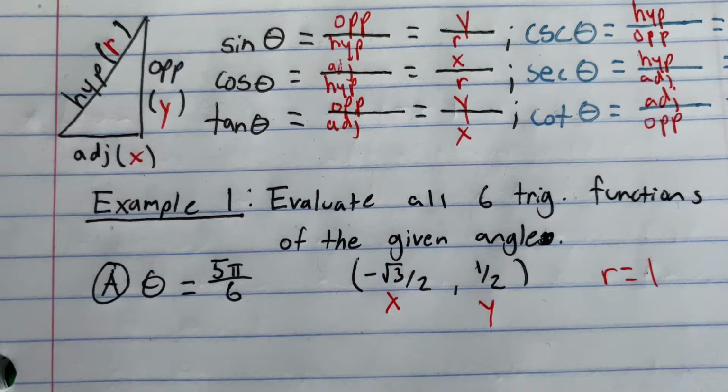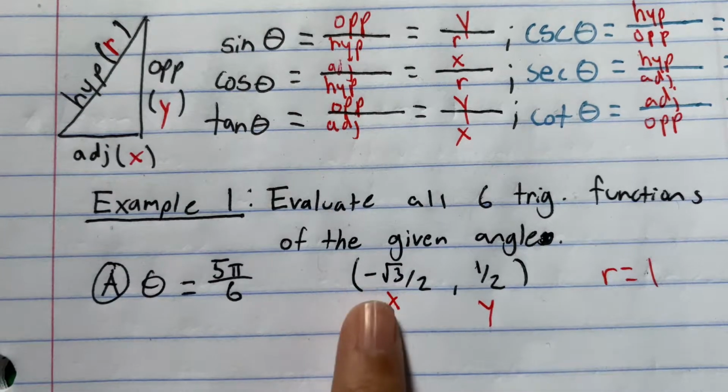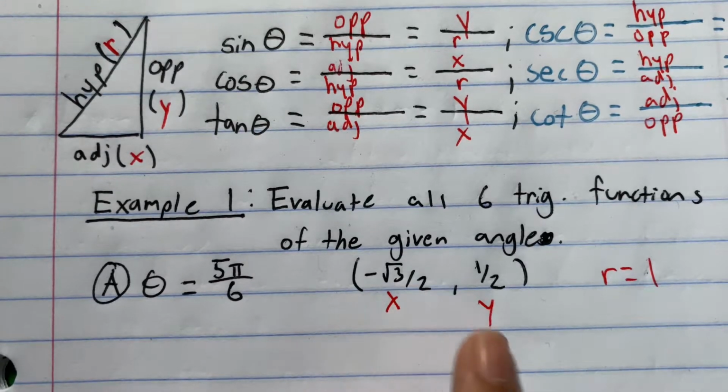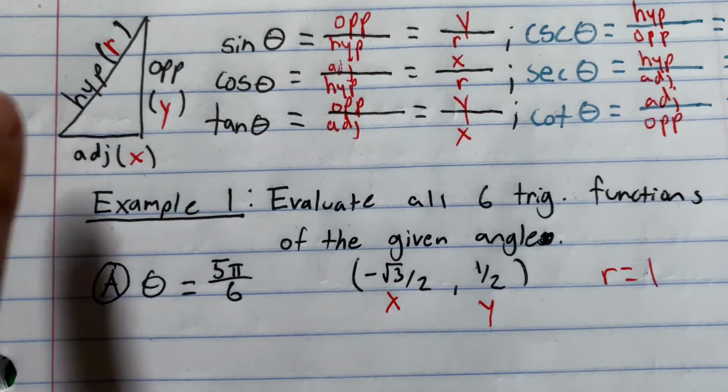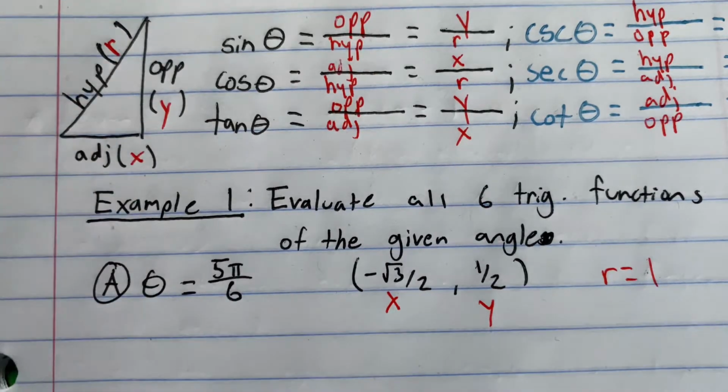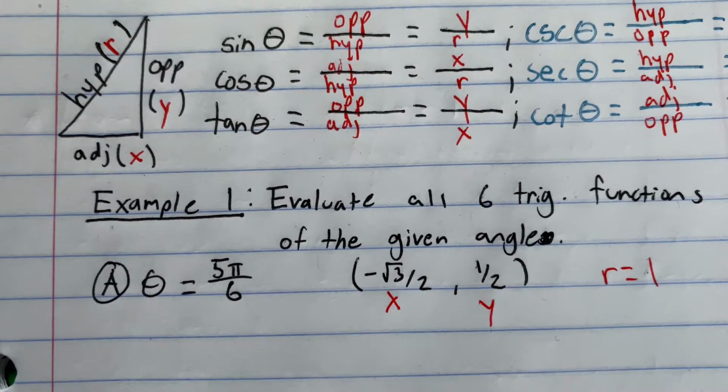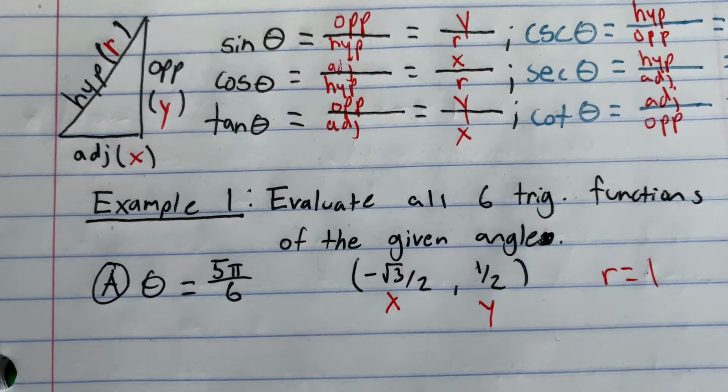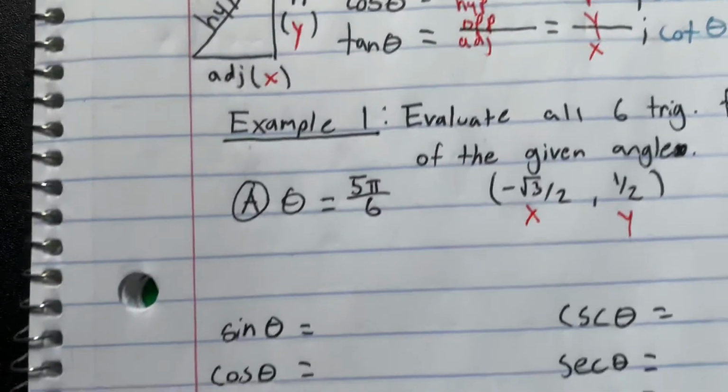And if you don't believe me, if you did X squared plus Y squared equals R squared, trying to solve for R from the right triangle, you will get that R is equal to 1. Now I have my X, my Y, and my R, and all I have to do is plug in. So let's begin.